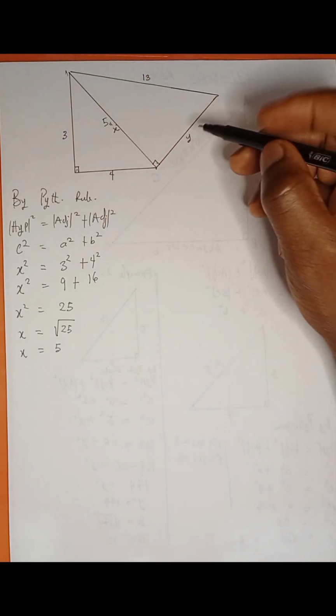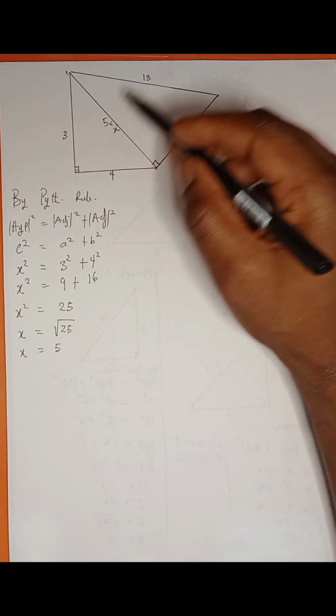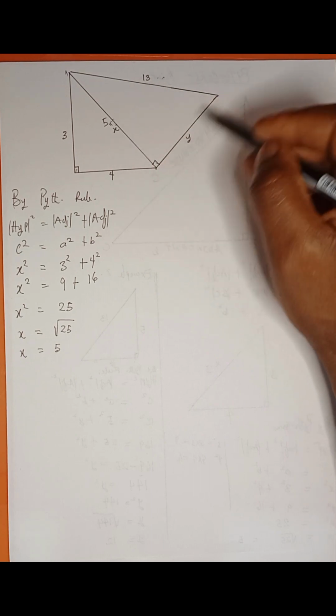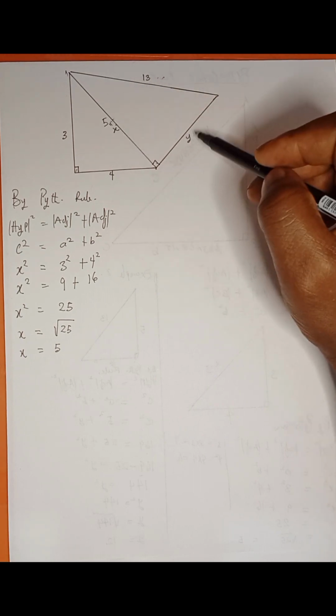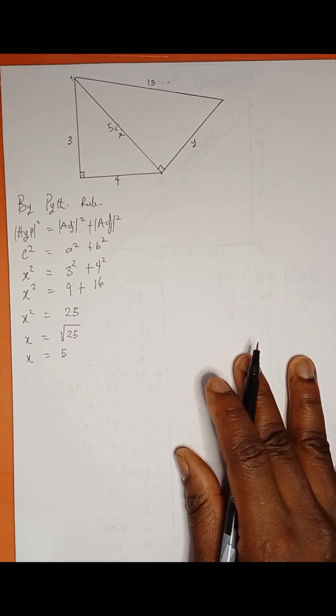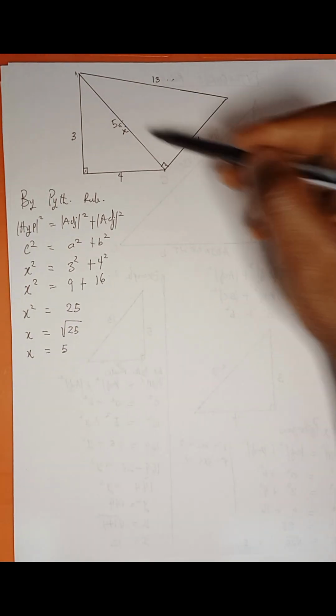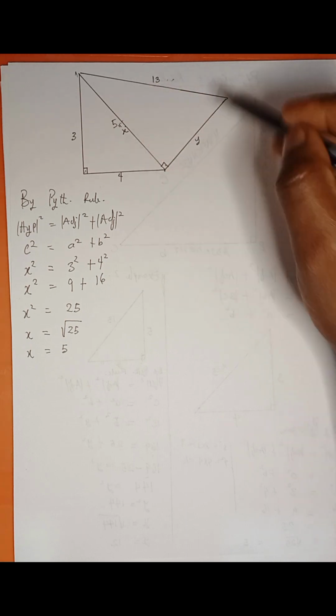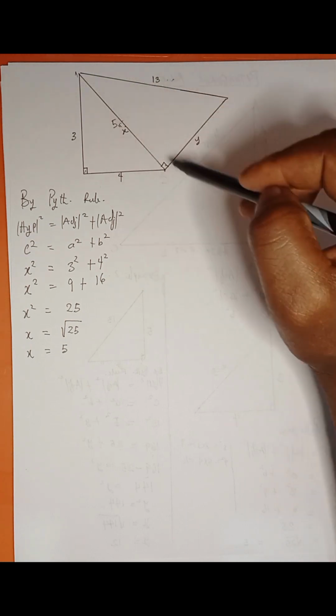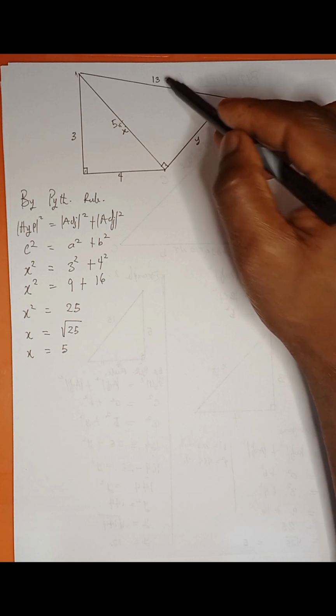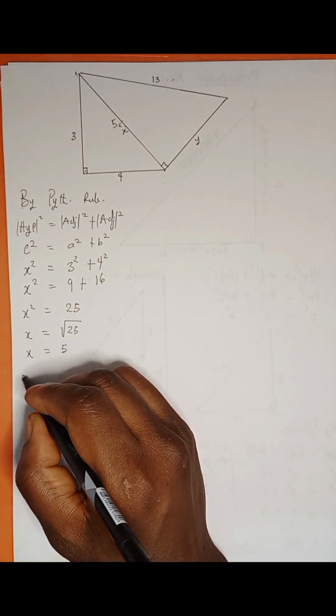Hence I already know two sides for this other triangle. So how do I do that? Now this side is an adjacent side in this triangle. The hypotenuse for this triangle is 13. So I go again by Pythagoras rule.